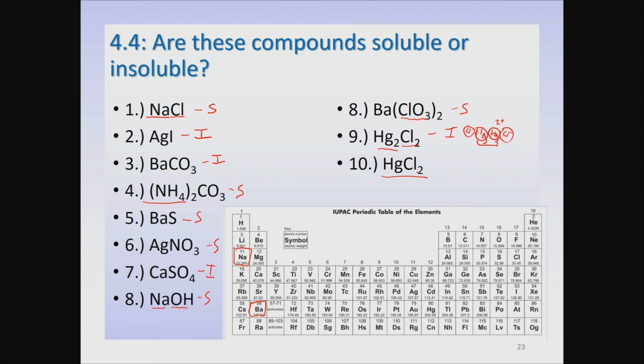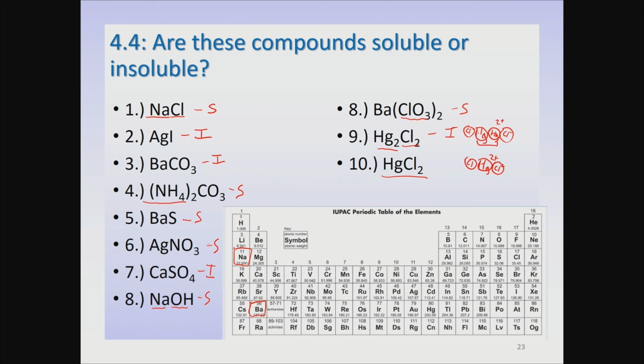So with this one, HgCl2, we can see that there's a single mercury atom that's ionized. That'll be 2+. And then there's chloride ions, 2 of them. You can draw them on either side of the mercury if you want to. So the question is, is this compound soluble or insoluble? Well, you might remember the rule for chlorides.